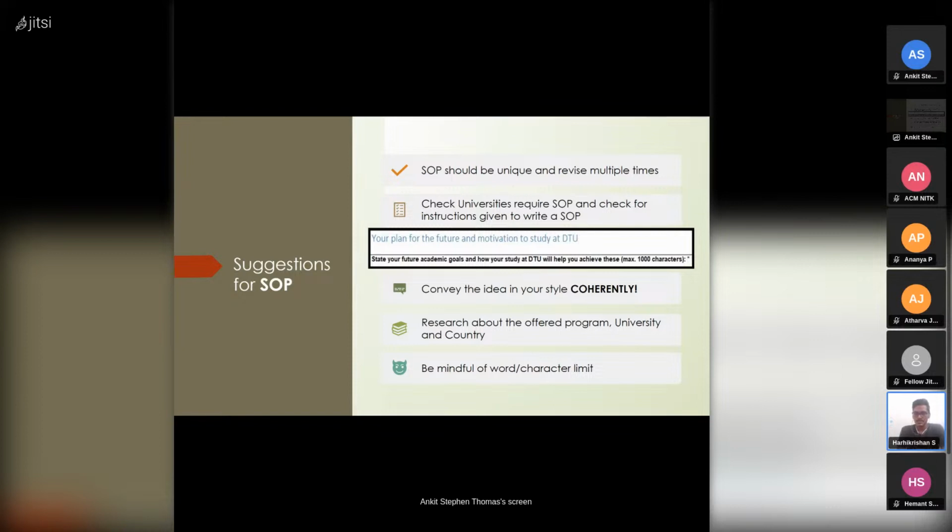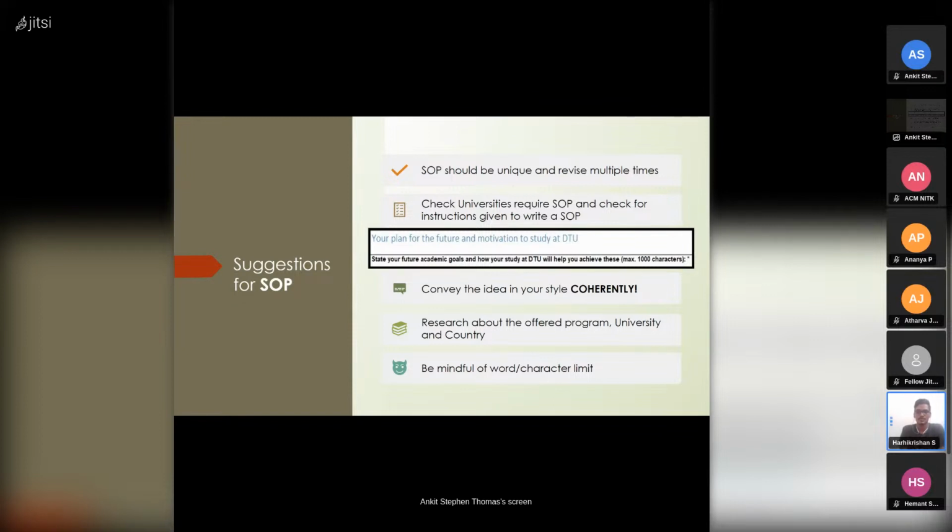There is an example for you below, a prompt which wanted me to give information about my future and motivation to study in DTU. So you don't have to explain everything elaborately, you have to explain whatever their instructions are.